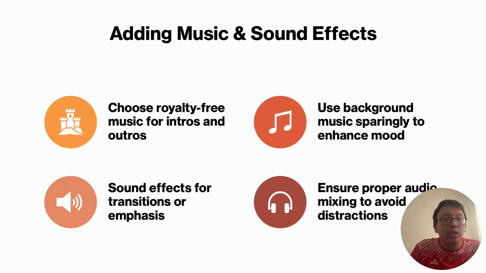Next, sound effects. Use sound effects for transitions and emphasis. Sound effects can be great for transitions, but should be used carefully so they don't overpower your content. And the last thing is always mix audio levels properly. Ensure proper audio mixing to avoid distractions.